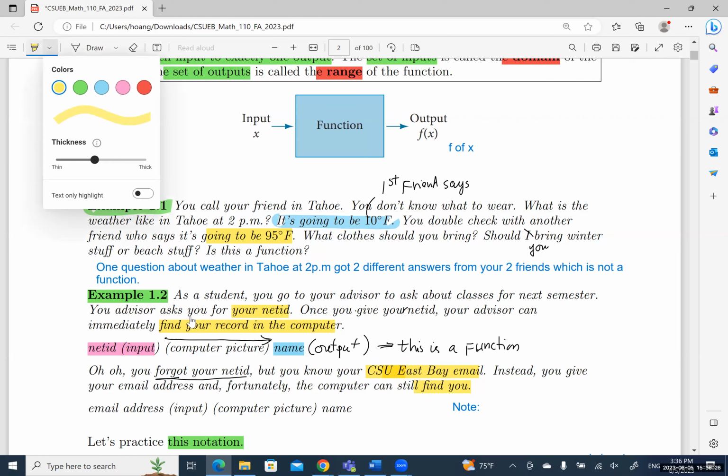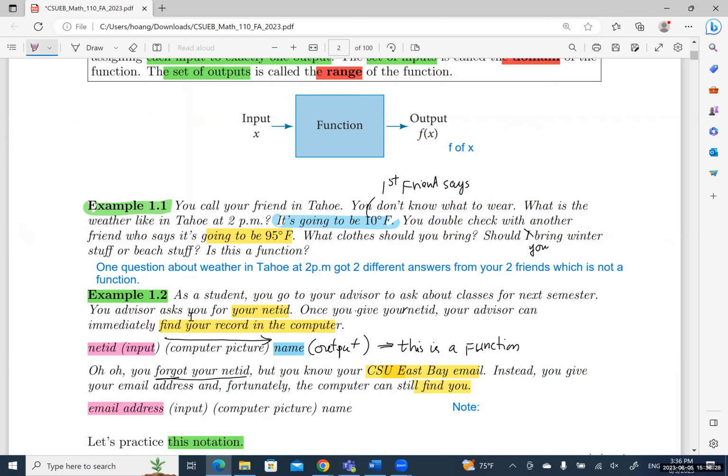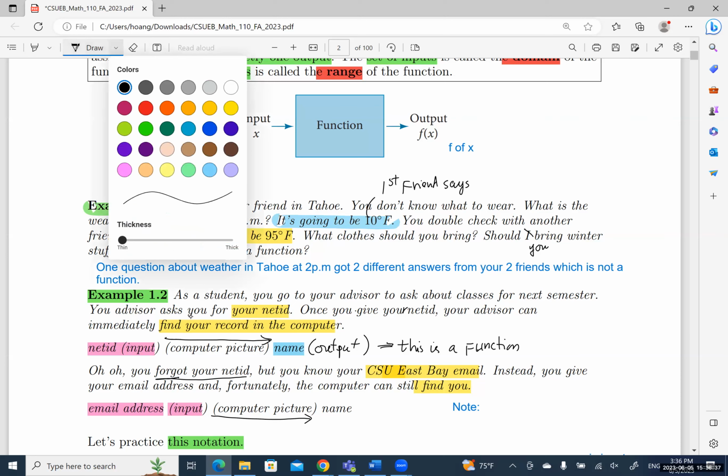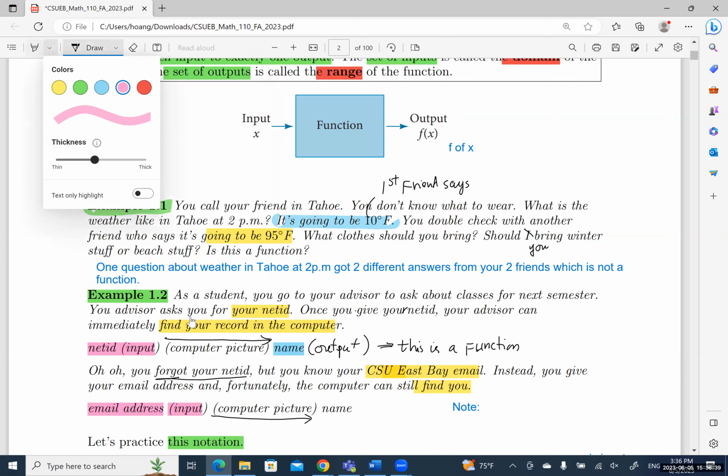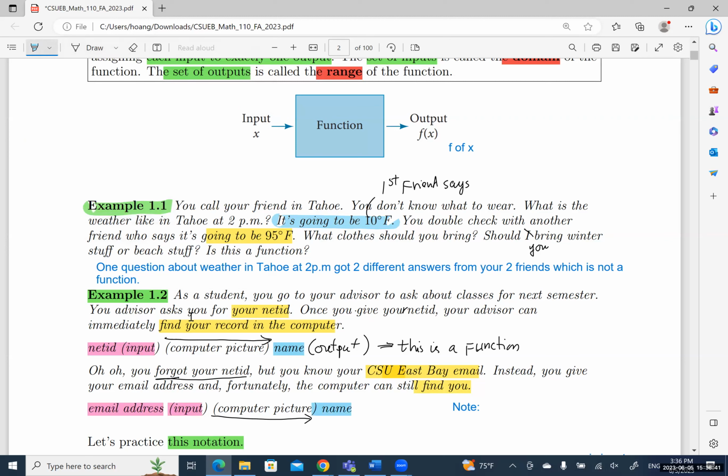That means the email address now becomes the input, and the name and the record become the output. So this is also a function.